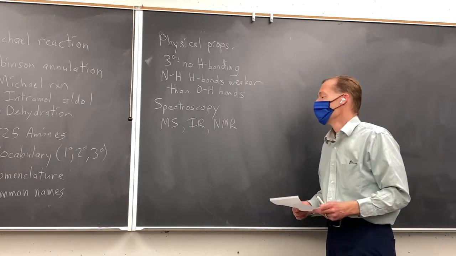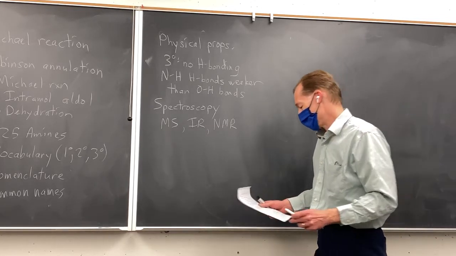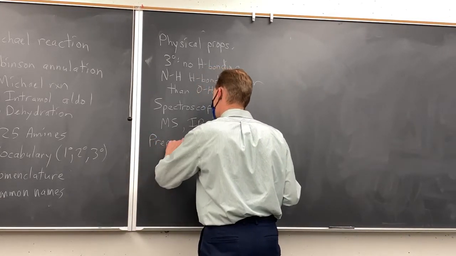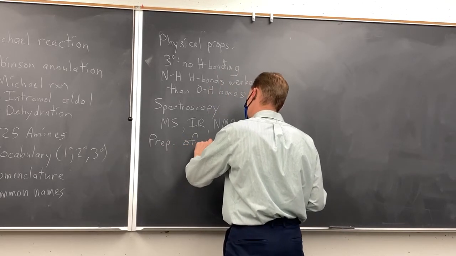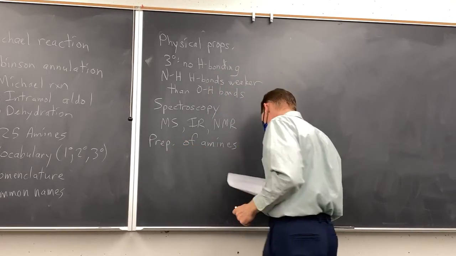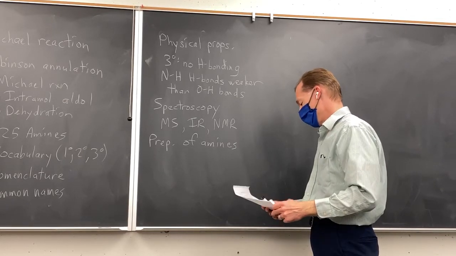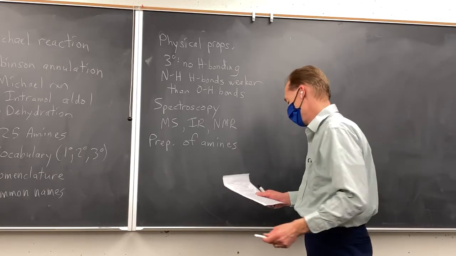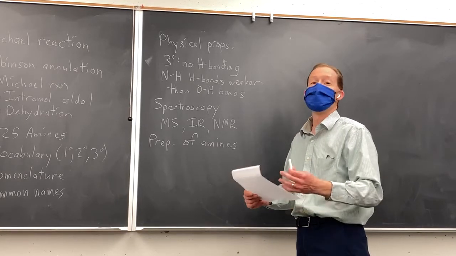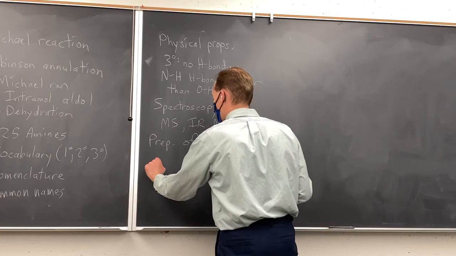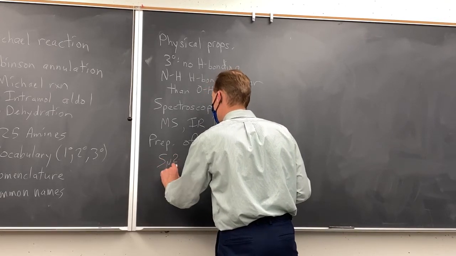Okay. Then we spent some time talking about how to prepare amines or synthesize amines. And we started by reviewing some chemistry that we had learned previously, and also some new versions of chemistry that we'd learned previously. So we talked about SN2 reactions.